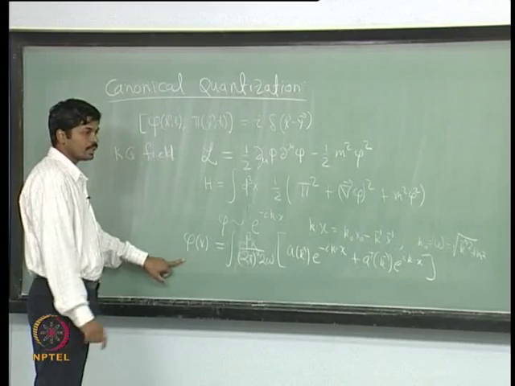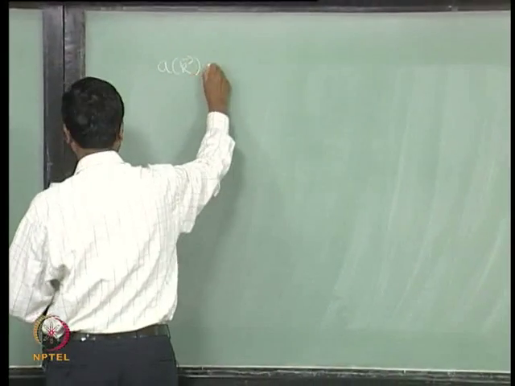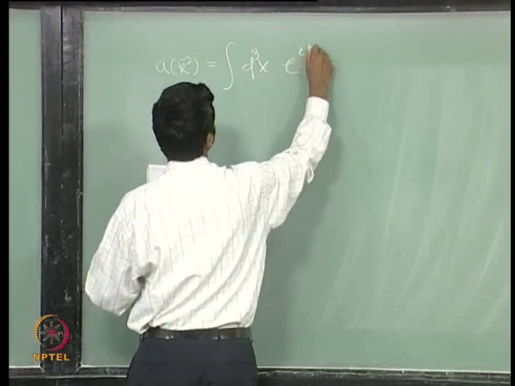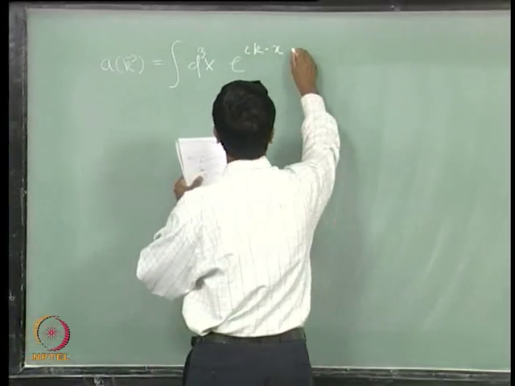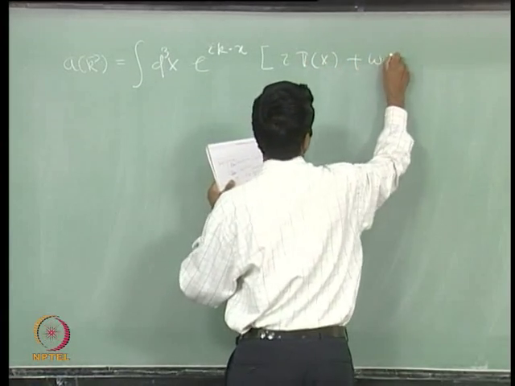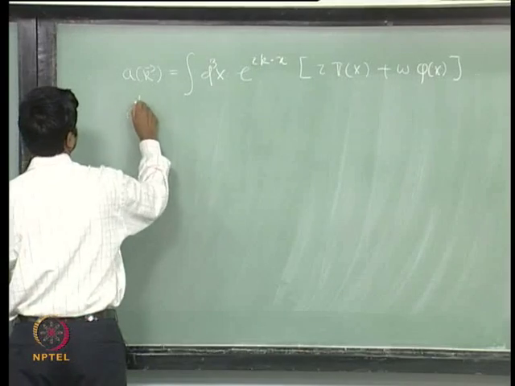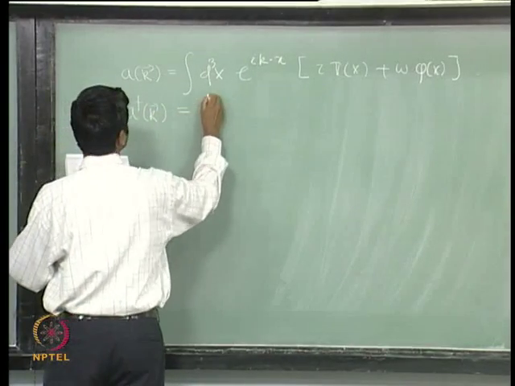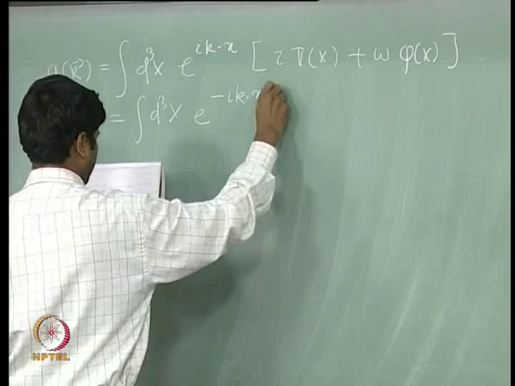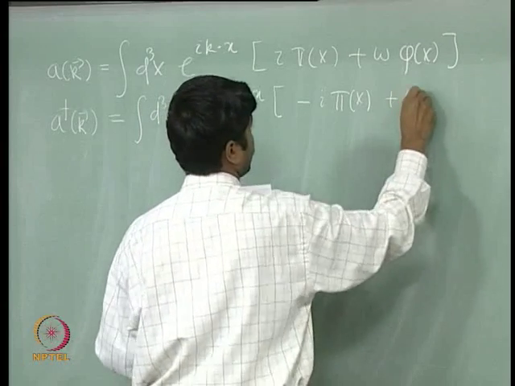This is what we did in the last lecture, and the result is a(k) equals the integral d cubed x e to the power i k dot x [i pi(x) plus omega phi(x)], and a dagger(k) is the integral d cubed x e to the power minus i k dot x [minus i pi(x) plus omega phi(x)].